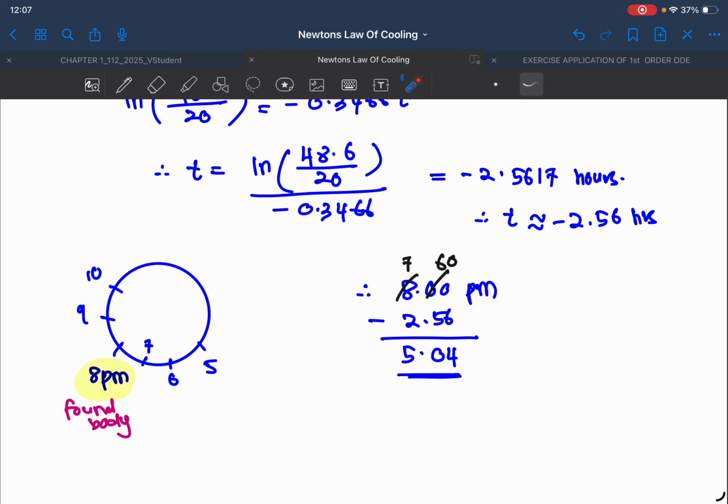So when we reverse by 2 hours, the exact time the person died is at 5:04 p.m. Because the police found the body at 8 p.m., when we reverse by 2 hours behind, it becomes 5:04 p.m. So this is the time at which death occurred. Okay, that's all for this video. Thank you.